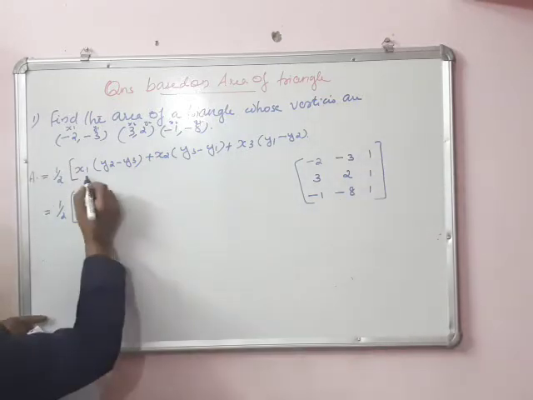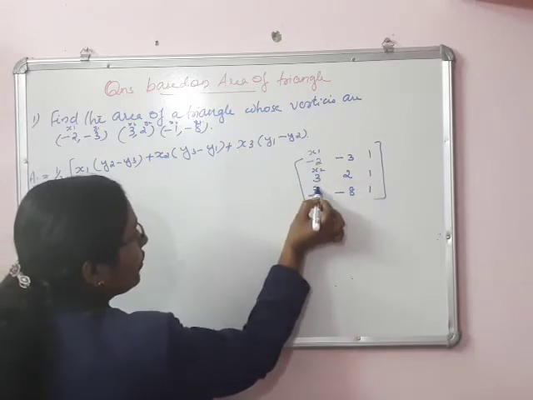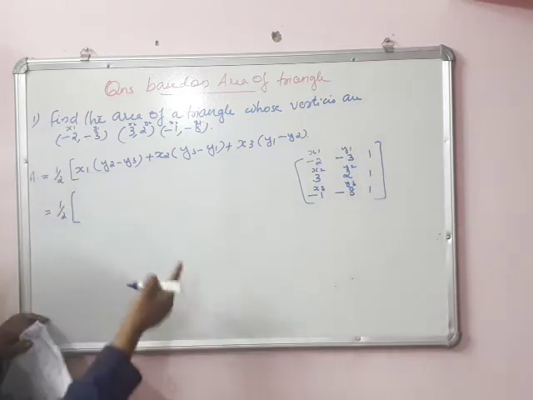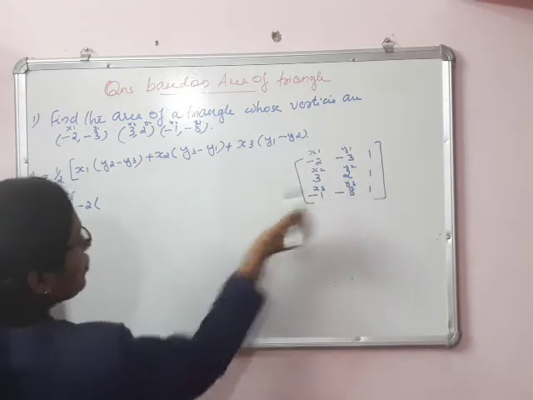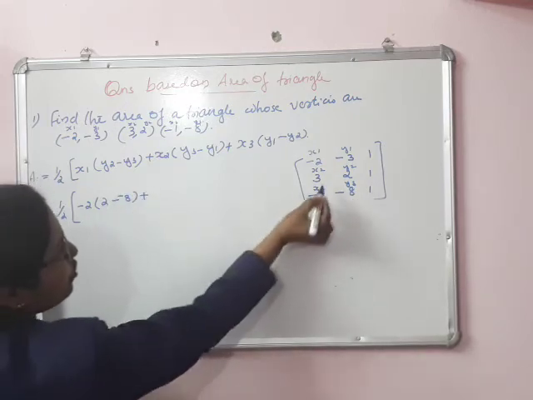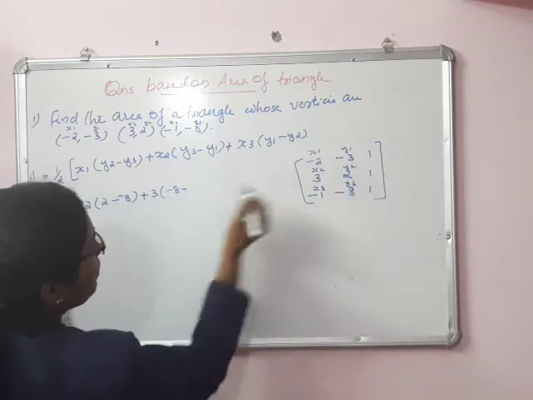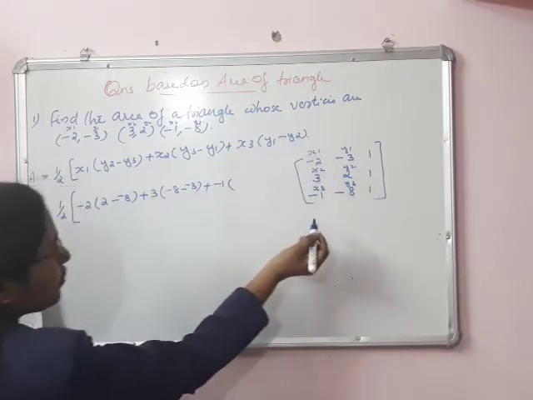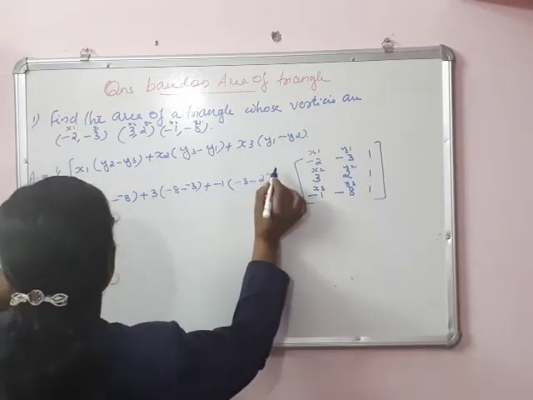Then we can substitute. Don't forget x1, x2, x3, y1, y2, y3. So x1 is minus 2 into y2, which is 2, minus y3, minus 8, plus x2, 3, into y3, minus 8, minus y1, minus 3, plus x3, minus 1, into y1 minus y2, that is minus 3 minus 2.